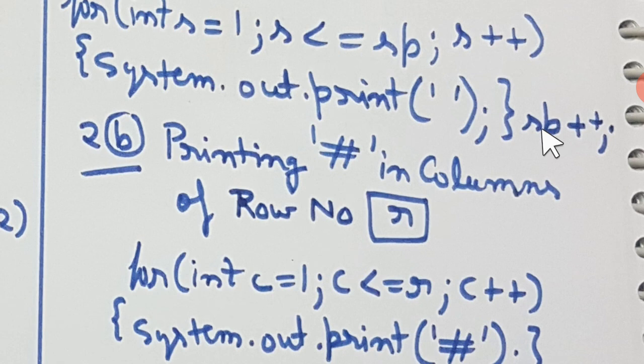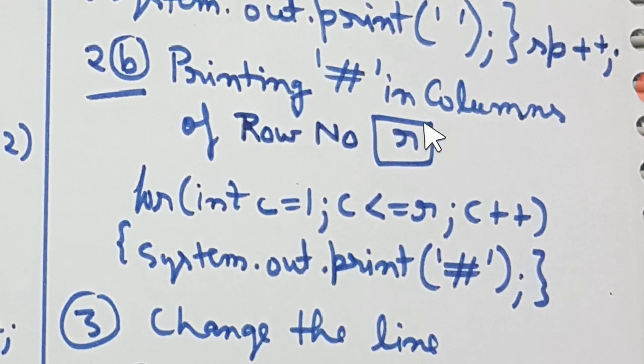When you write the program on the system, please try to remove sp plus plus and just see what happens. Make your own changes and see their effect on the output. Now after that, we have 2B, printing hash in columns of row number r.